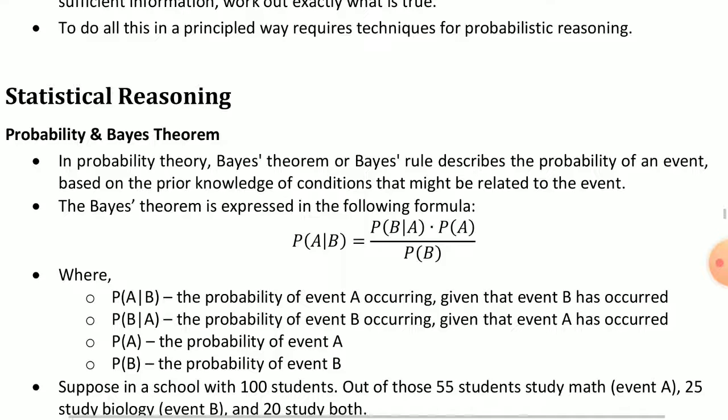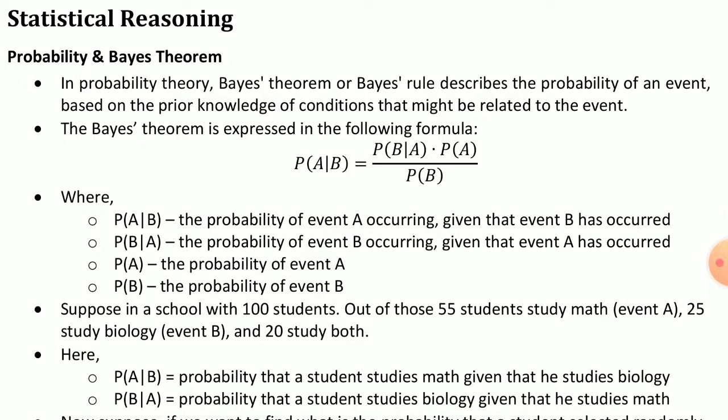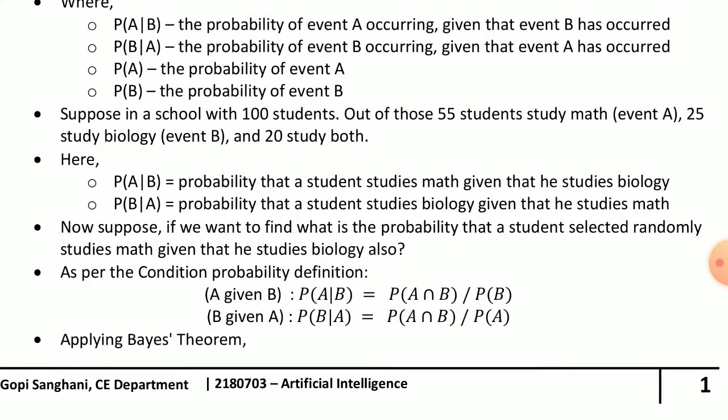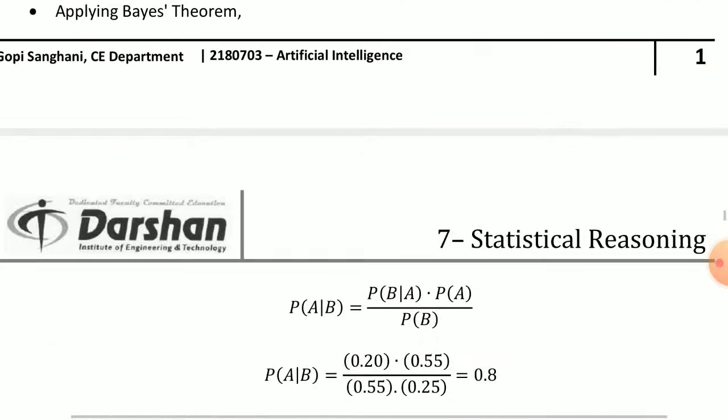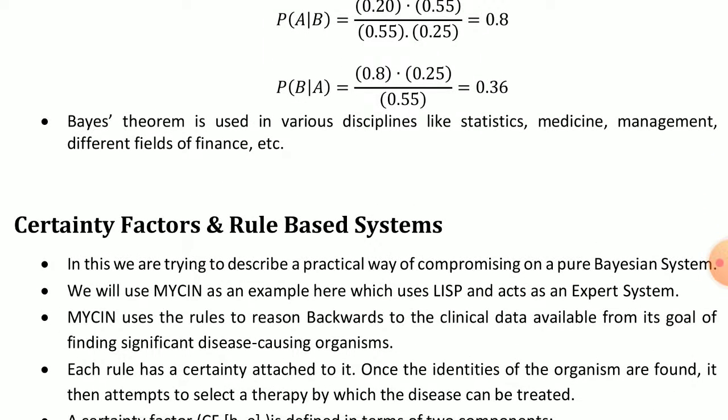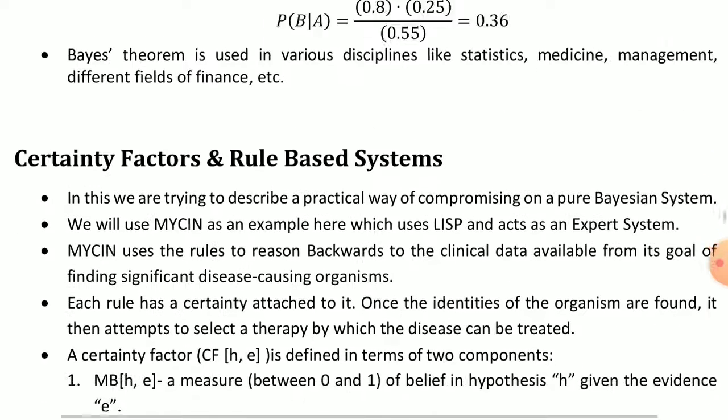Then we learned probability and Bayes theorem. In this topic one equation is given and we learned the theorem by taking an example. And the use of Bayesian theorem is given.